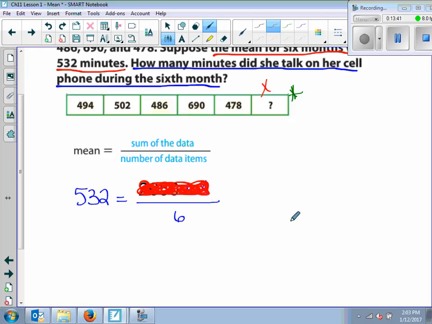Now this says 532 is equal to red blob divided by 6. If that says red blob divided by 6, how am I going to get red blob all by itself? Let me ask again. If this says 532 is equal to red blob divided by 6, how do I get red blob by itself?